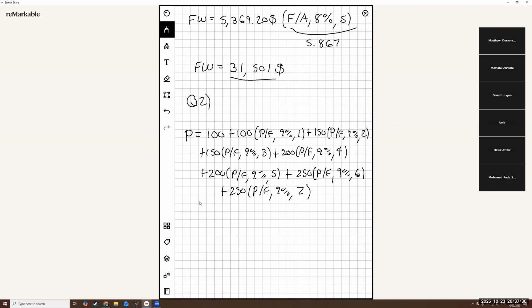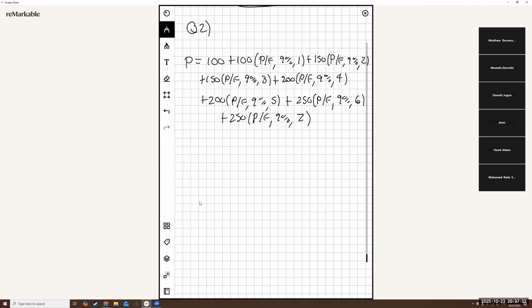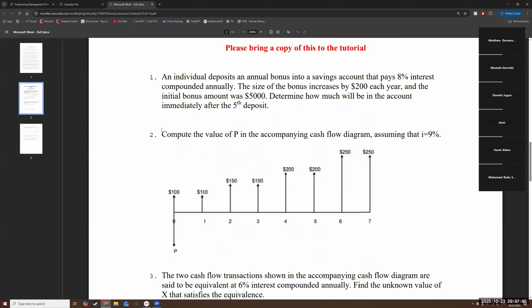Okay. And this at this point is just plug and play into either your calculator or your tables.